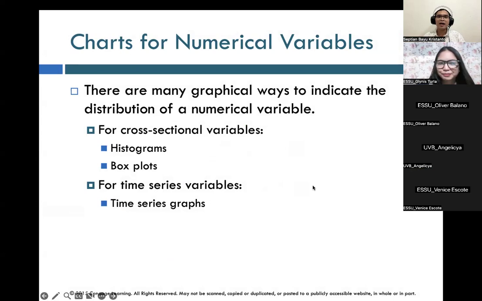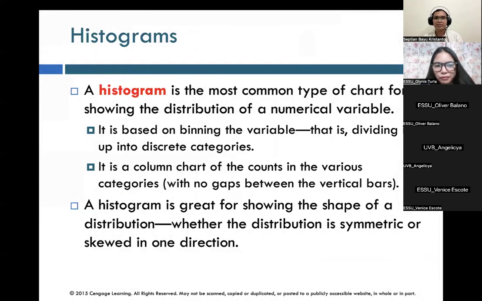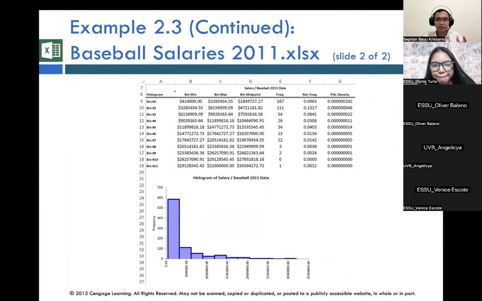Okay, how do we represent our data if we have numerical variables? Numerical variables indicate that you can make some distributions. You can represent your data using a histogram, a box plot, or a time series. What are the differences? The histogram is a common type of chart. If you have numerical data in random numbers, you can assign it to discrete categories and divide it like this.